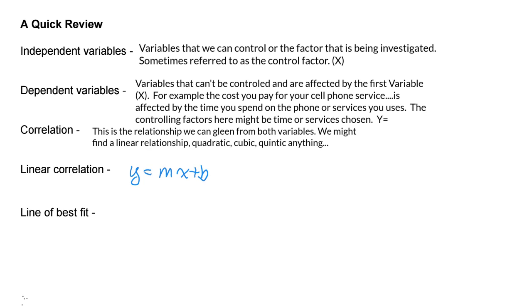So when you think of a linear correlation, this is all it is. You just need to remember that the relationship between x and y is just a line. That's all you need to remember.